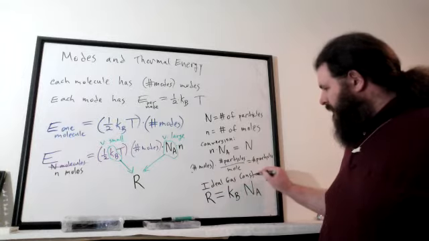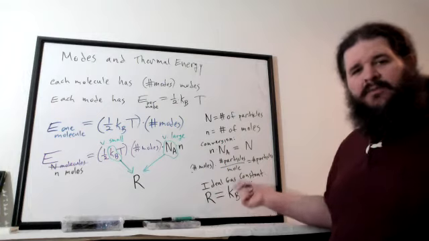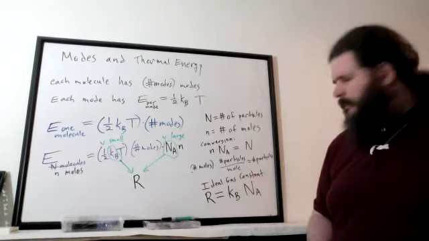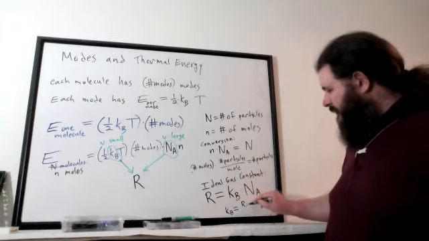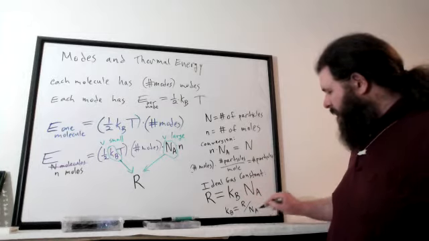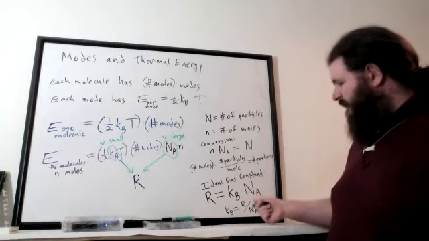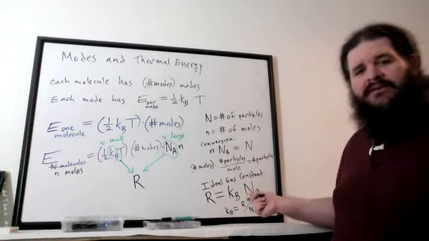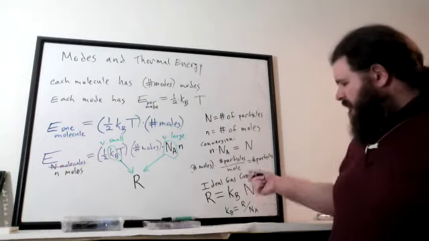R is called the ideal gas constant. So the ideal gas constant is defined as Boltzmann's constant times Avogadro's number. Or to put it another way, you could say Boltzmann's constant is defined as the ideal gas constant divided by Avogadro's number. I think the ideal gas constant may have been defined first, so really we should be saying Boltzmann's constant is defined in terms of the ideal gas constant, but you can define it either way.